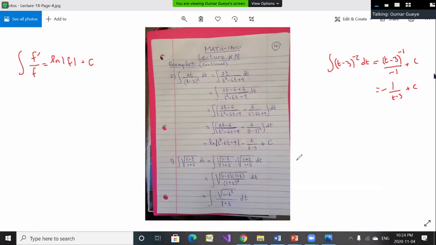So in this case, we have 3 methods to solve the same problem. But the substitution rule or this technique are faster than using the partial fractions. Any questions?